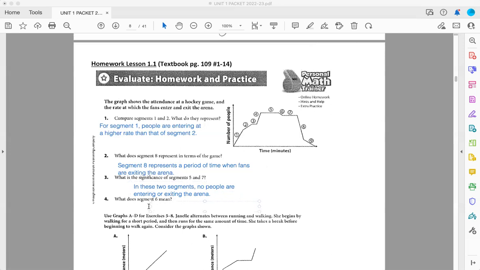Segment 6 is a small dip going downward. So segment 6 represents a period of time. And again, you know how I am careful with the terminology. Let's say a short period of time. Remember, short is a relative term. Short period of time when the fans are exiting the arena.